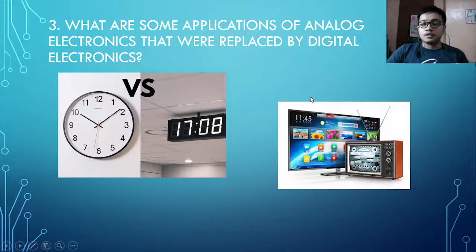The next one I can think of is the television, which decades ago looked like this. It's bulky, it has an antenna, and now it's thin, slim, and provides a wider viewer experience.